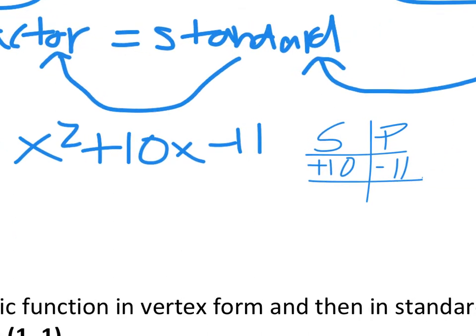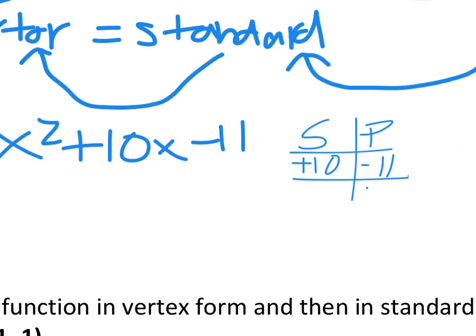The only option that I can have there to make an 11 would be 11 times 1. Now, one of these has to be a negative. It's going to be the 1 because I want to make a positive number at the end, so the positive sign goes with the bigger number.